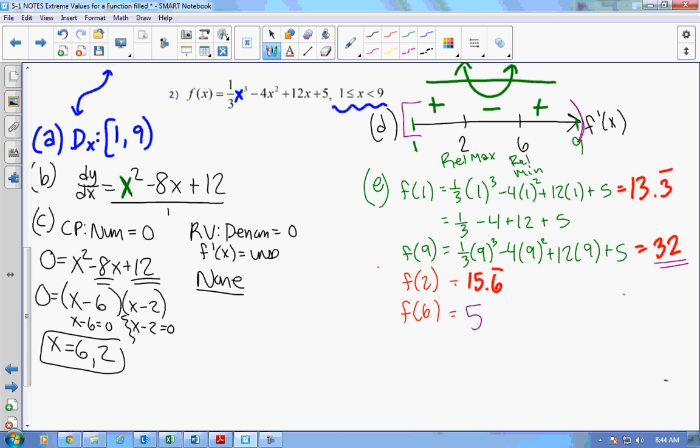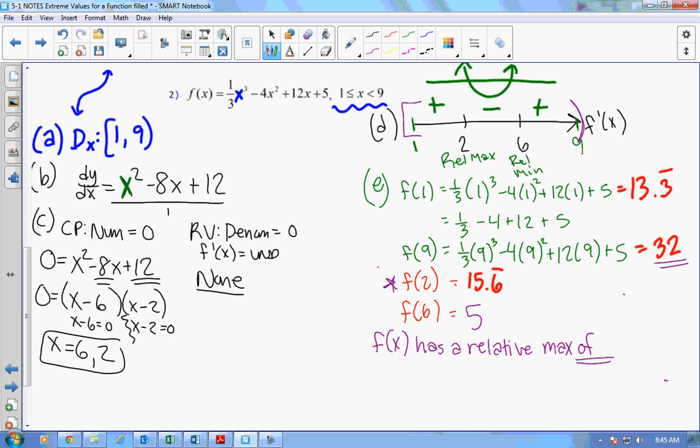Okay, so for our, we can say we have a relative, right? F of x has a relative or local, they're interchangeable, relative max of what? What's the height? We're going for this one.